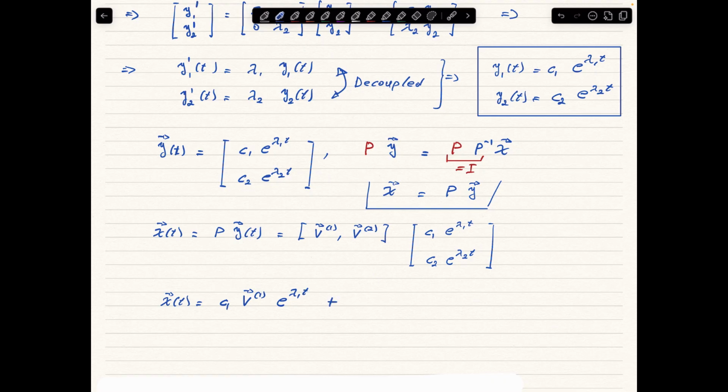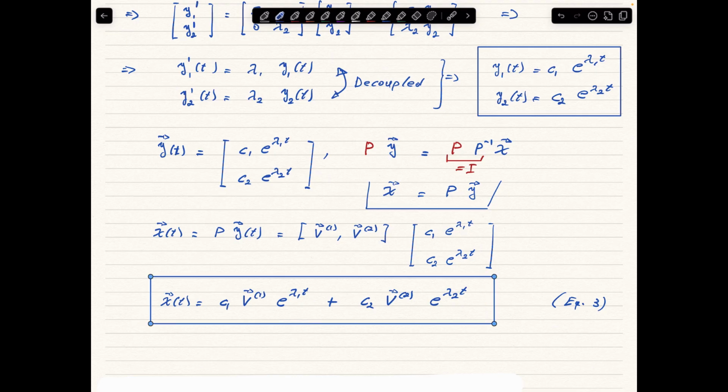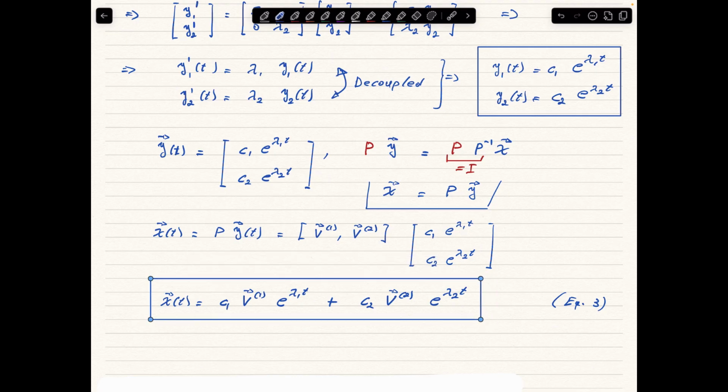And then we need to add the following term, which is the vector v2, and all the components of the vector v2 are going to be multiplied by c2 and by the exponential lambda 2 t. And this is actually what we called in the theorem equation 3, and we have proven the theorem. So that is where the equation comes from.